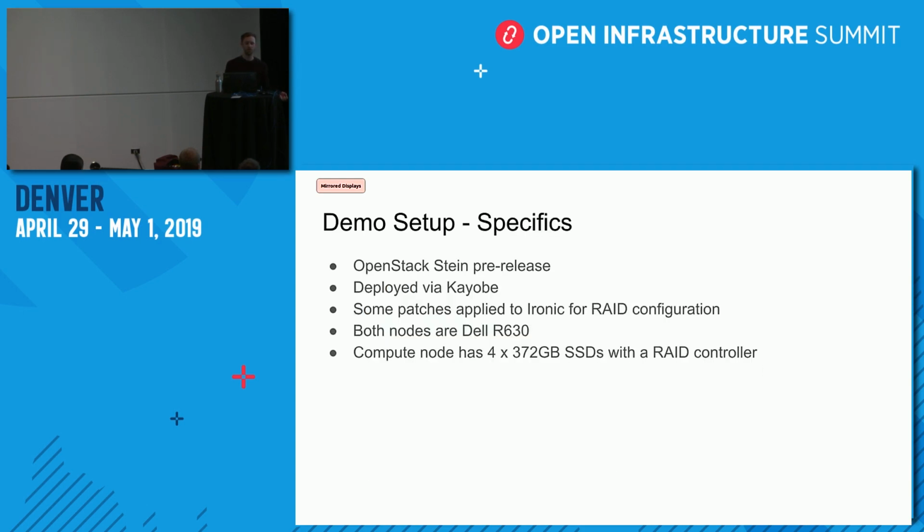The control plane is using a pre-release of OpenStack Stein, which includes the support for deploy templates, deployed via Kolla, and we have some patches applied which aren't in the Stein release for doing RAID configuration with Dell hardware. They're both Dell R630s, and the compute node has 4 SSDs, which are 372 gigabytes each.